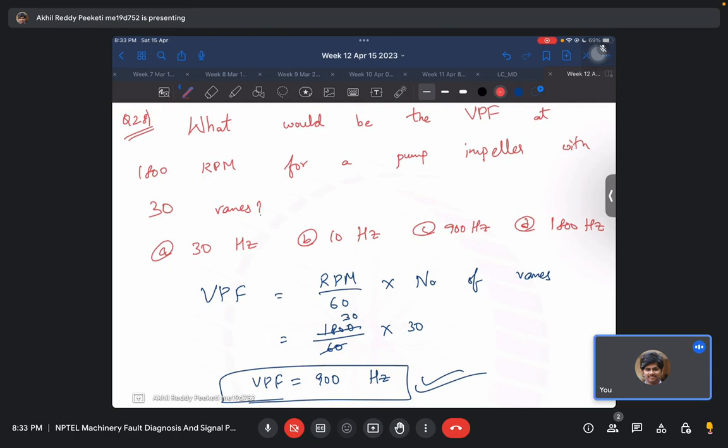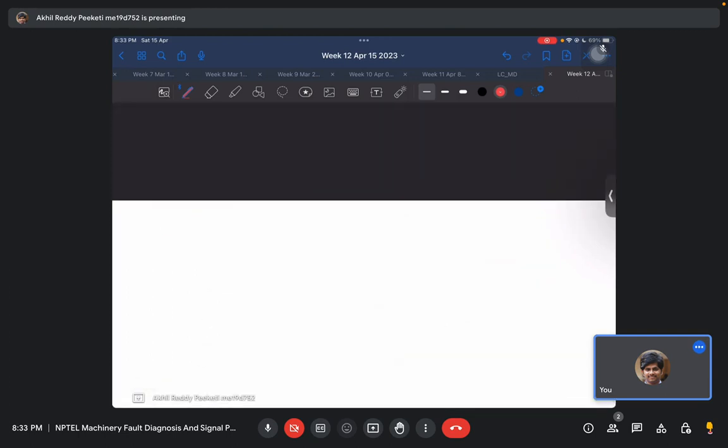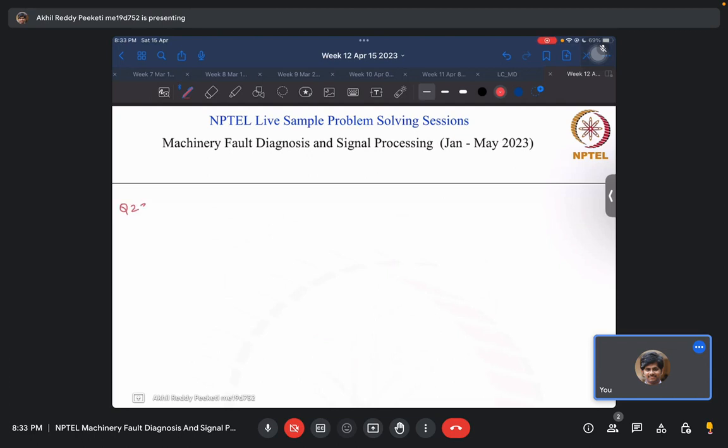Okay. Let's move to the next question. A gear of 30 teeth is rotating at 1200 RPM.